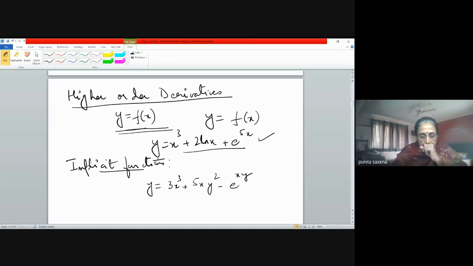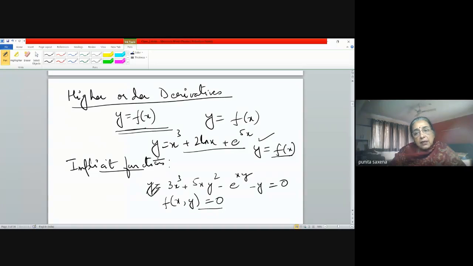Or let's write it not like this, better would be minus y equal to 0. Now the kind of equation we have is some function of x and y equated to 0, right? Now, this is also some function of y equated to 0, but it's such that I could express y as some function of x. Here it's not possible. So that's why we call such functions implicit functions.